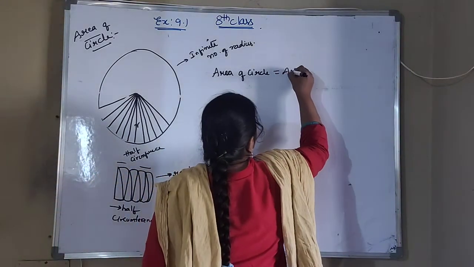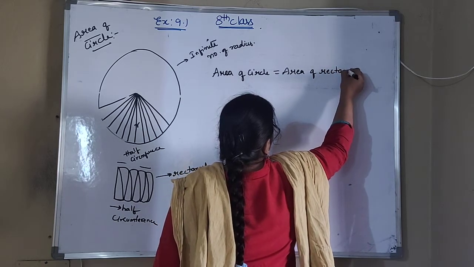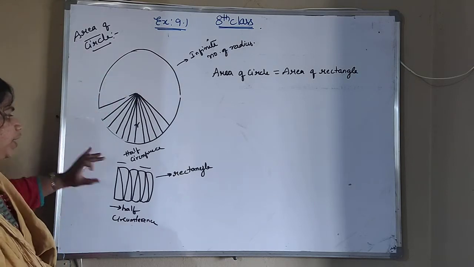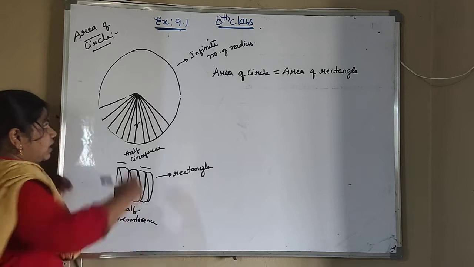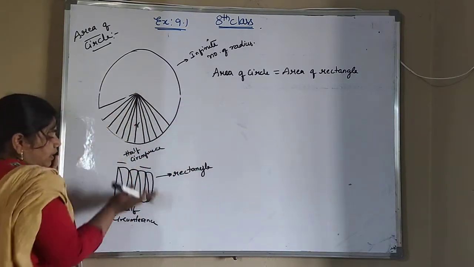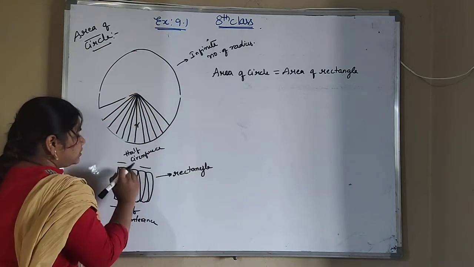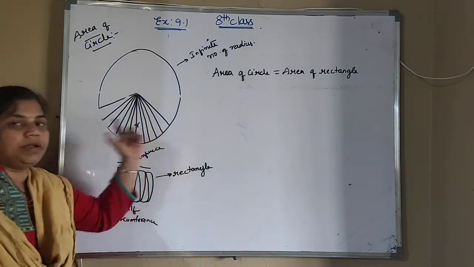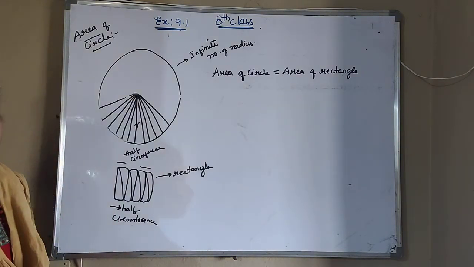So that will be equals to area of rectangle. So area of a circle has been converted to area of a rectangle. So this down part is half of the circumference, and the above part is this part. Okay, this is half and this is half. Total will become a total circle. Okay, so area of a circle is equals to area of a rectangle.